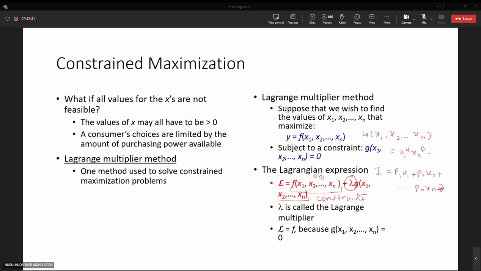The way we're going to solve this is to follow the same procedure, that is, find the first order conditions for the Lagrangian function instead of the objective alone.